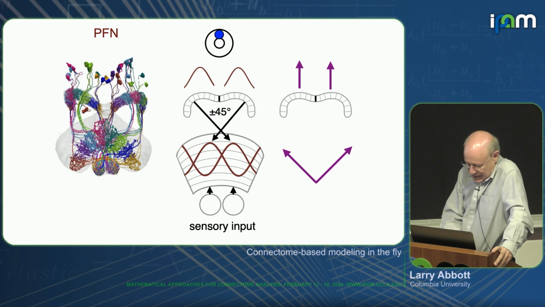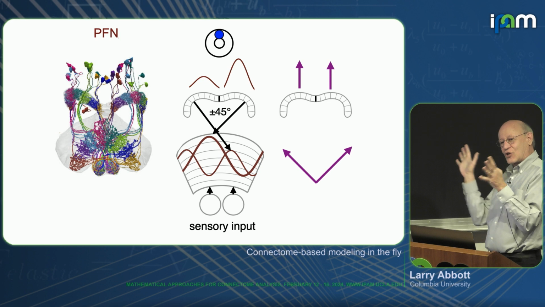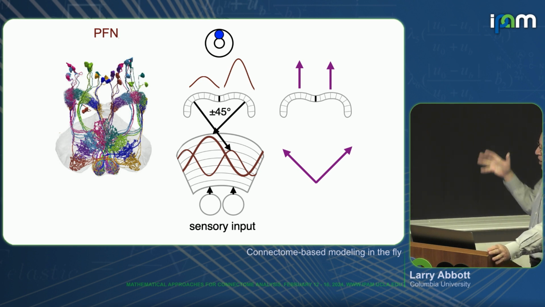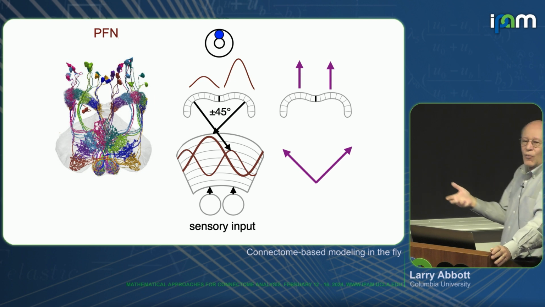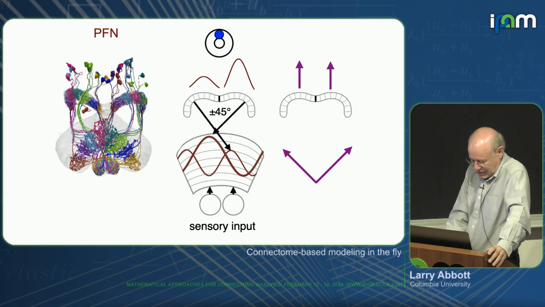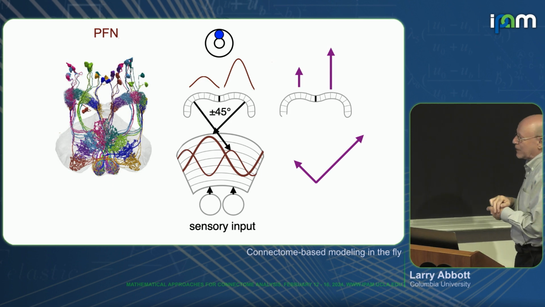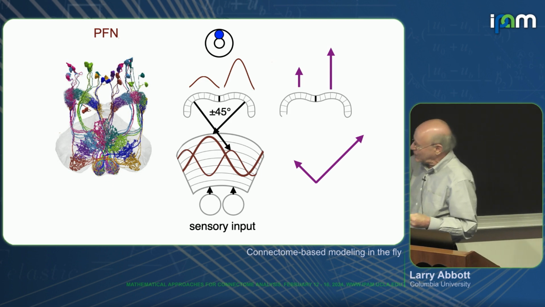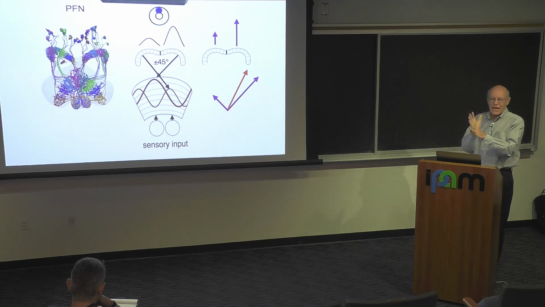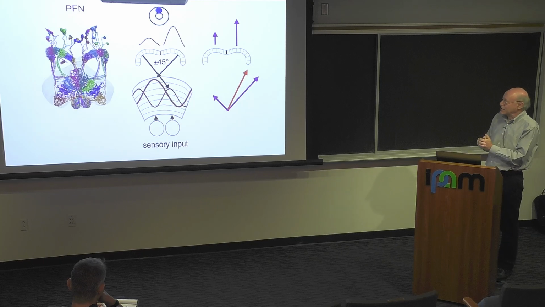What you see is when you put in sensory information that's skewed, one of these sine waves across the fan-shaped body gets big, one of them gets smaller. We know the translation of that into vector language. That means that the vectors get either smaller or bigger, and you can compute how much and find that, in fact, if you sum those vectors, you get the allocentric direction. I'll show you that in a second. So that's how the system works.